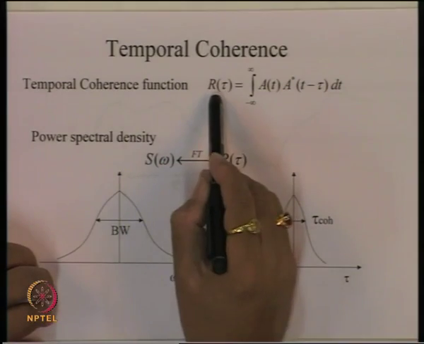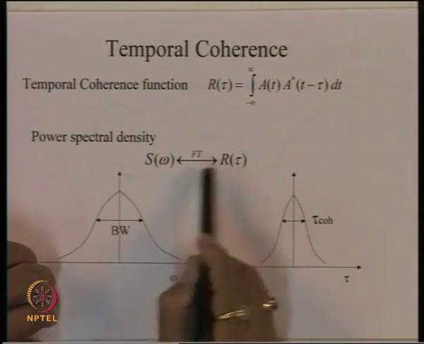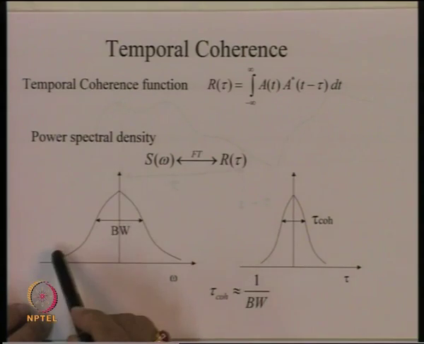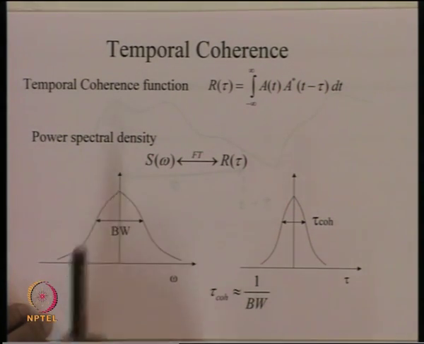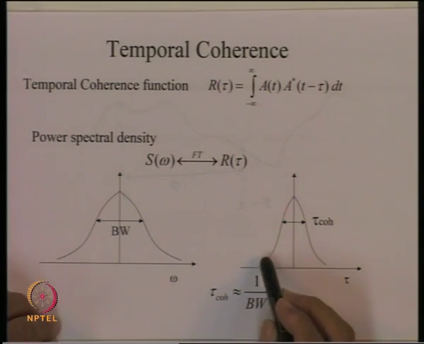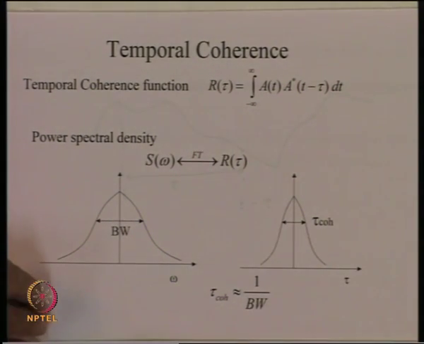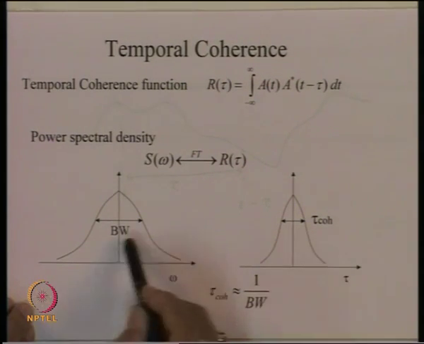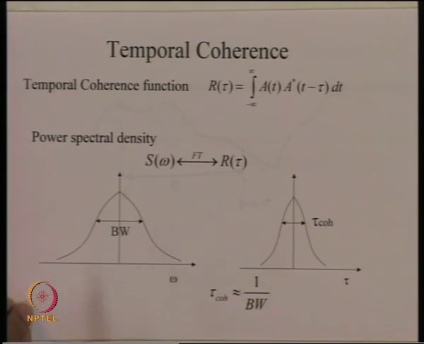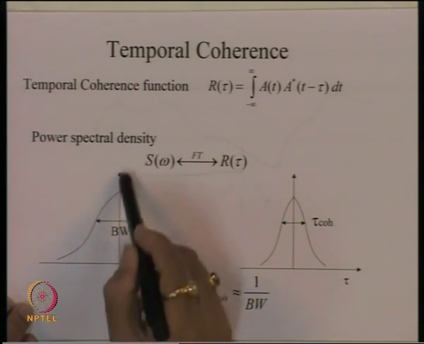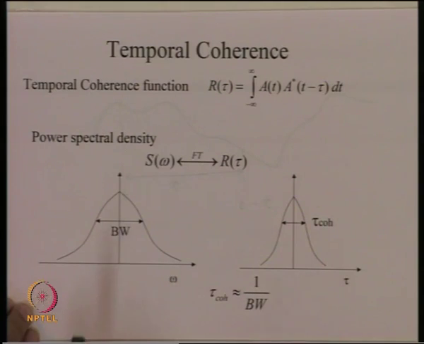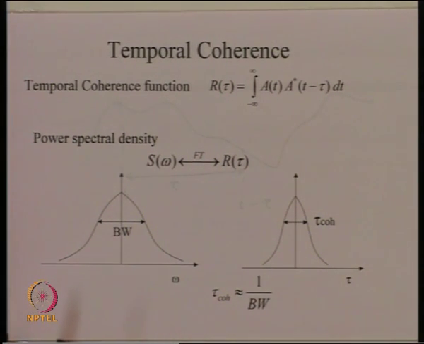So, if I take this quantity R of tau and take its Fourier transform, then I get the spectral distribution of the radiation. Typically, if I have the temporal coherence function which is like this, the Fourier transform of that would look something like this. So, here this is the plot of power as a function of frequency for this radiation.